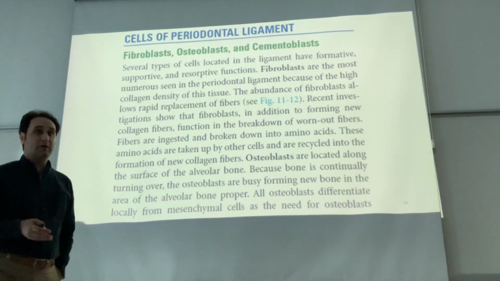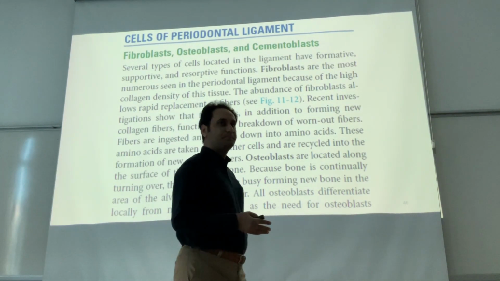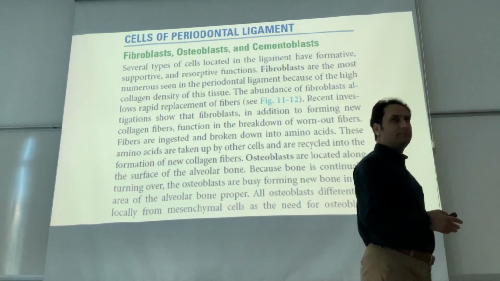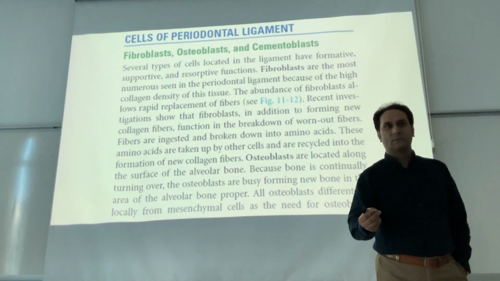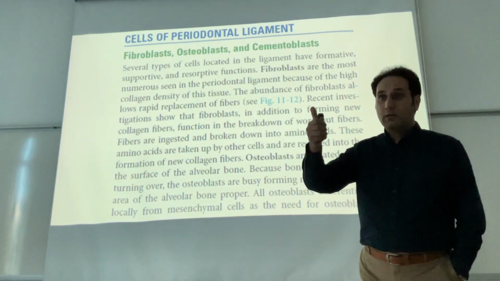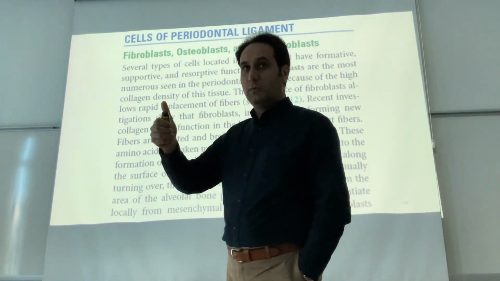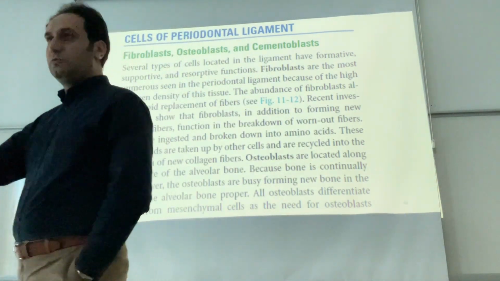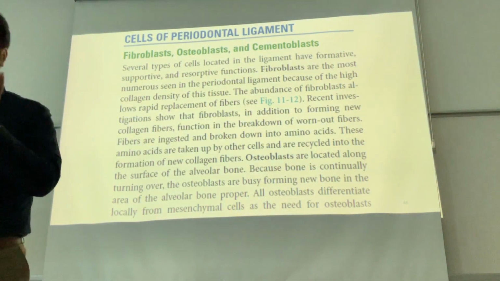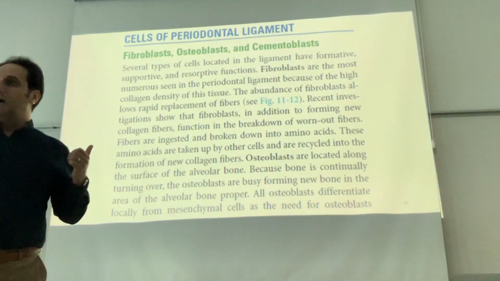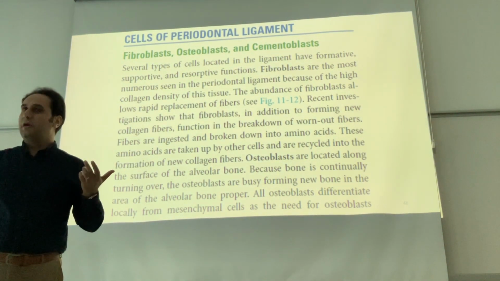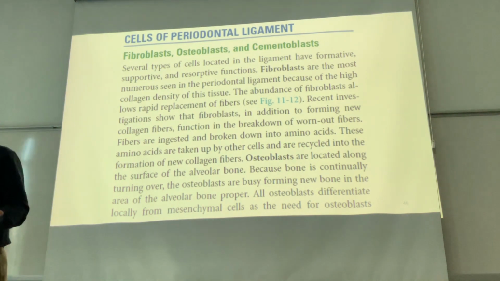Can we see osteoblasts in the periodontal ligament? What is the normal location of osteoblasts? In the periosteum, not in the inner side of the bone tissue. We have them in the peripheral side of bone tissue. So, in the alveolar bone, on the peripheral side, we have the periodontal ligament.